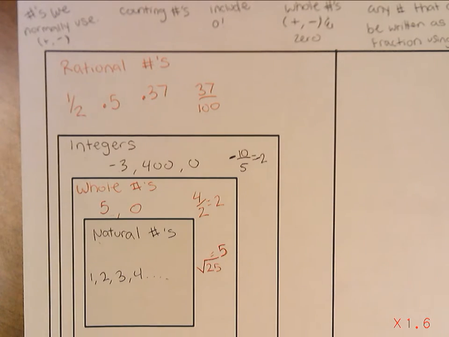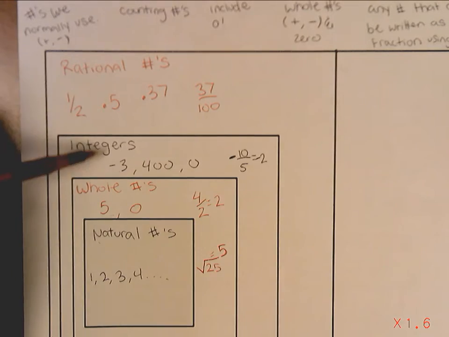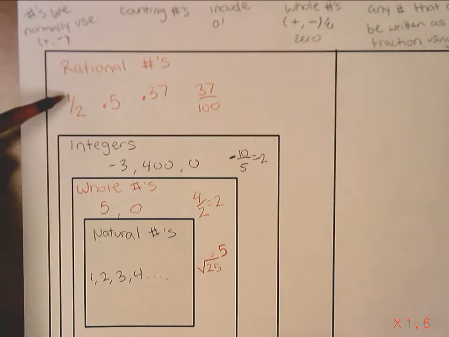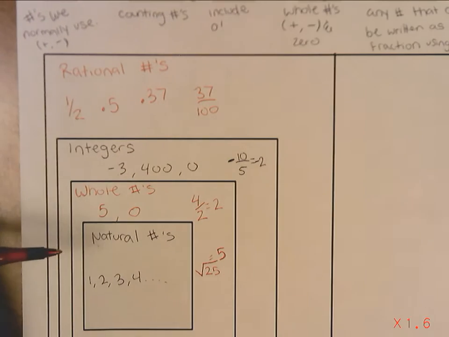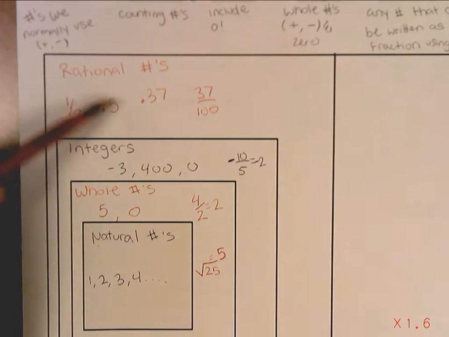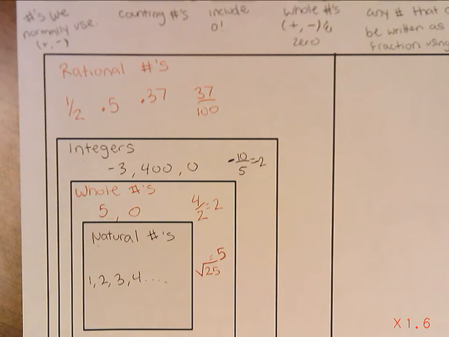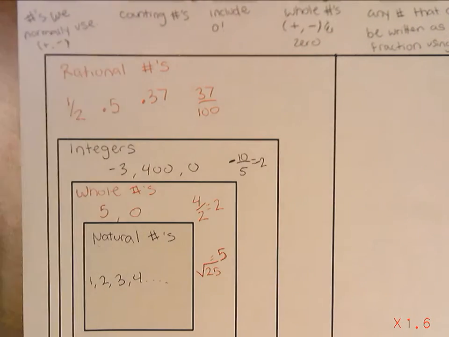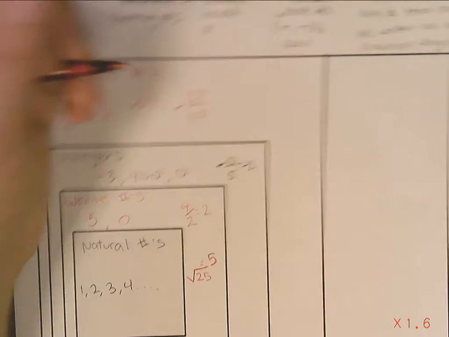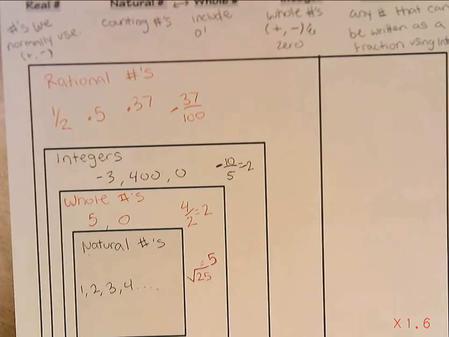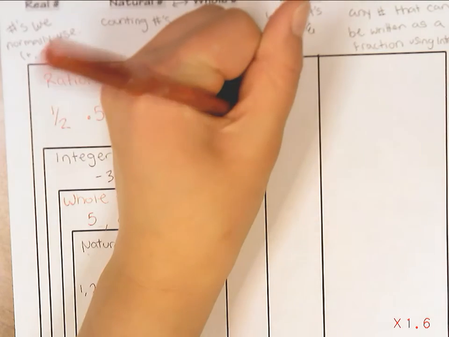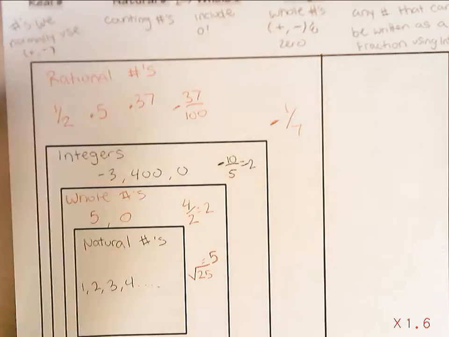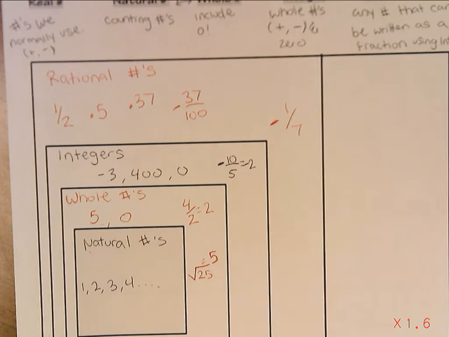And anything that can be written as a fraction can also be an integer usually, because 1 is the integer and 2 is the integer, but 1/2, which is half of a whole, would just be rational. Also, these can be negatives, so this could be a -37 over 100, or you could have a -1/7. Any of those would work.